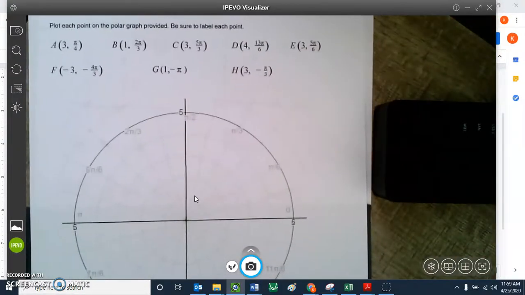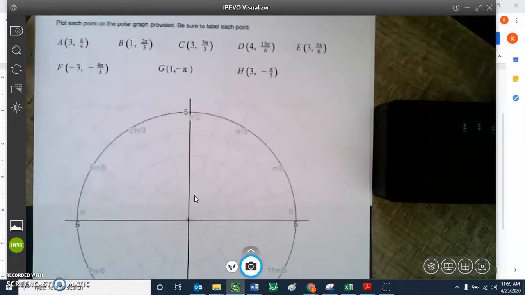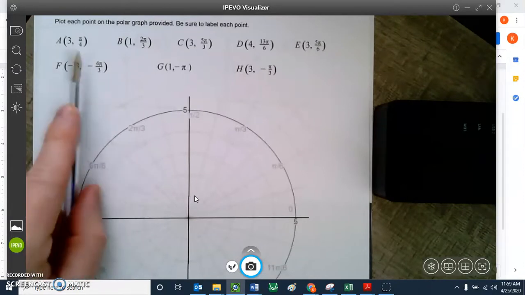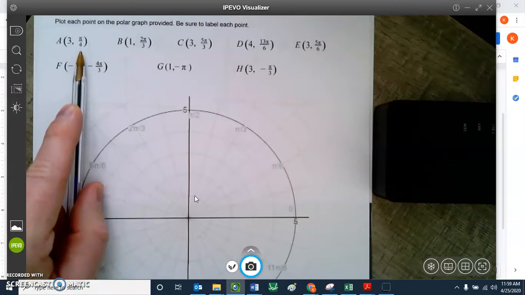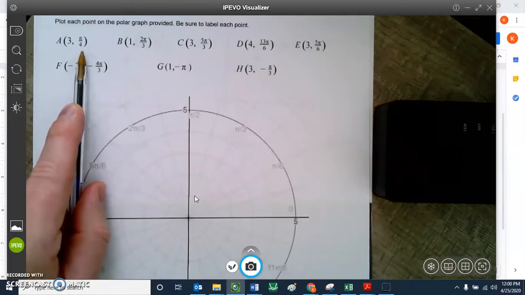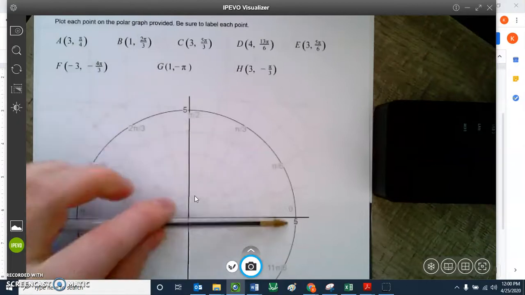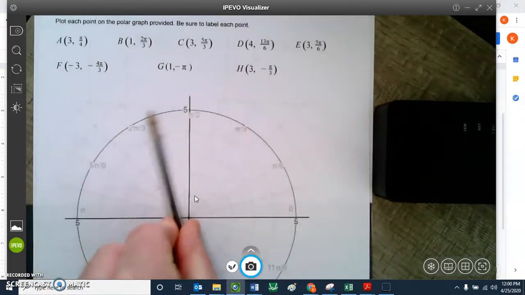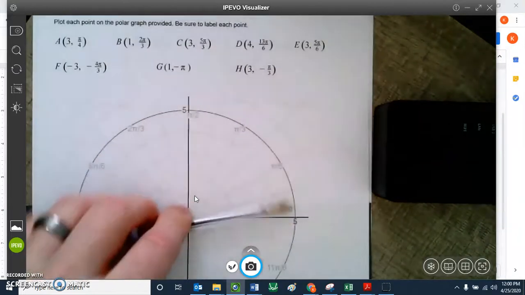I want to plot these things just to kind of get a feel for what polar coordinates look like. So for this first one, point A, I like to start in the direction. The direction is pi over 4 radians. We may need to review some of that, and you feel free to look in your notes or use that big wide internet thing and remember what pi over 4 radians is. It's 45 degrees. So we always start from 0, the positive x-axis, and we're going to rotate this thing counterclockwise until I'm pointing at pi over 4.